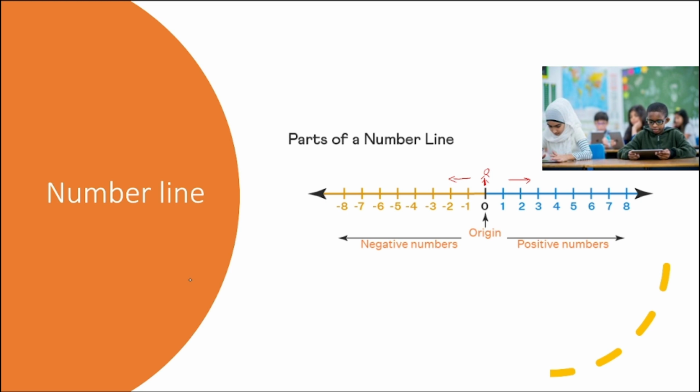That means positive integers, 1, 2, 3, 4, 5, 6, 7 and so on, are all greater than the negative integers: -1, -2, -3, -4, -5 and so on. So remember, a positive integer is always greater than a negative integer.